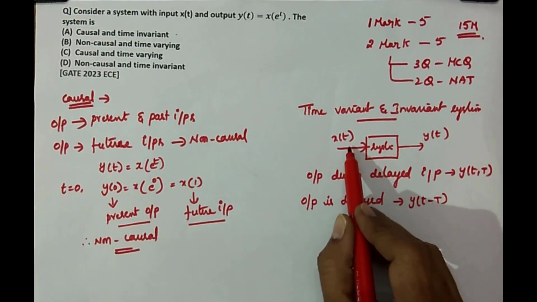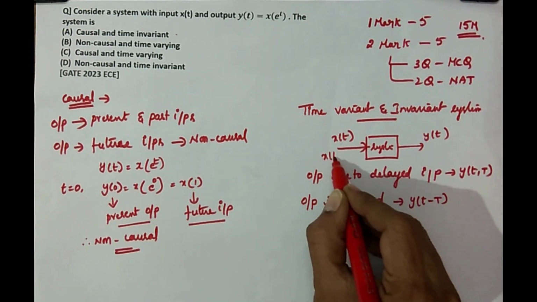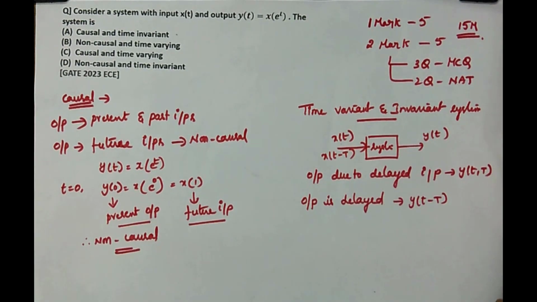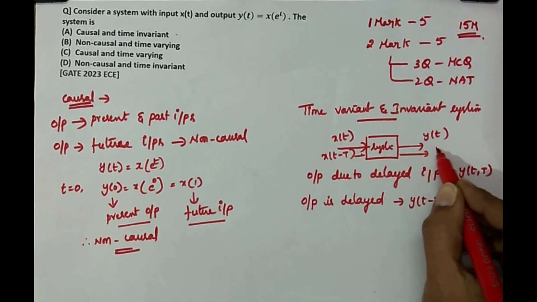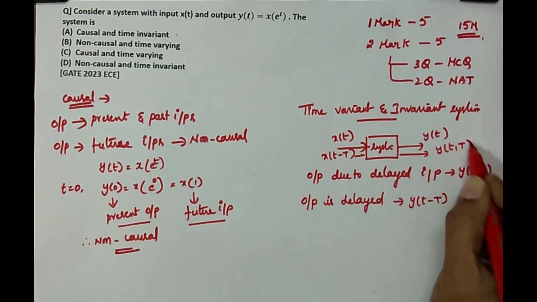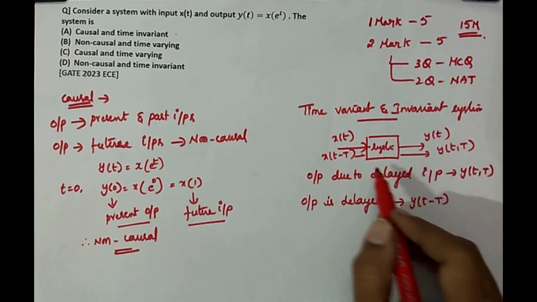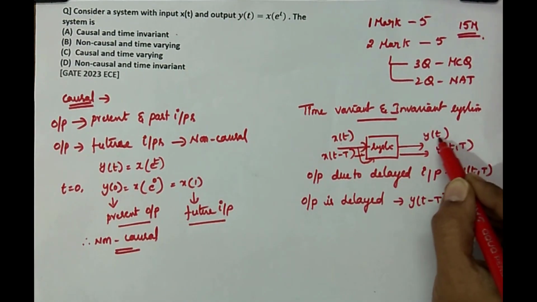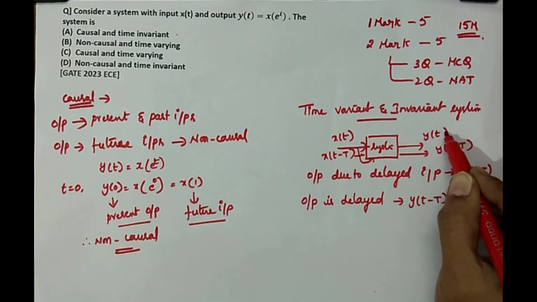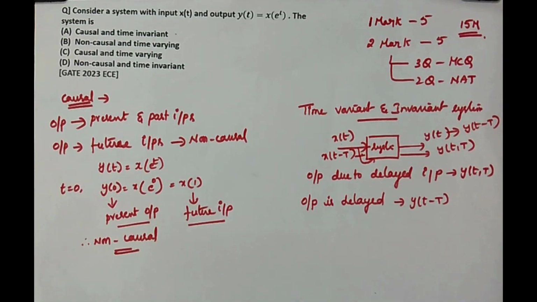After that, you introduce a delay in x of t like x of t minus T. And for this, the corresponding output is, let it be y of t comma T. Then, for the same x of t, you'll get y of t now. And in this y of t, you introduce a delay like y of t minus T.